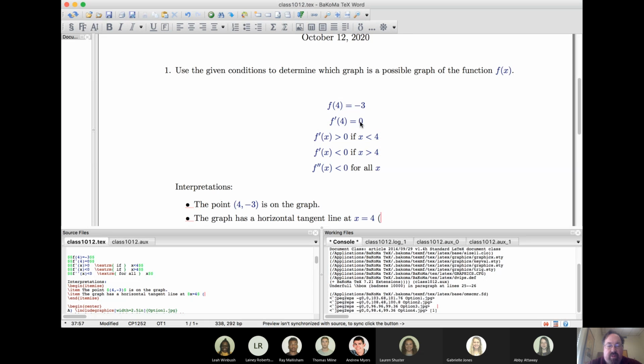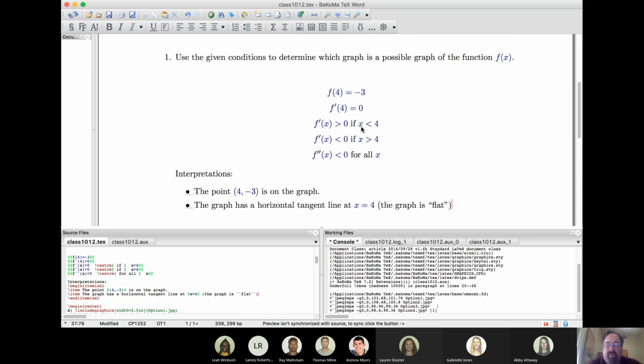Another way of interpreting that informally, the graph is flat at x equal 4. It may mean a max or a minimum. We don't know that yet, but we will be able to tell from the other conditions. But the graph has a slope of 0 at x equals 4, because that's what the derivative means. It's the slope of a curve or the slope of a tangent line at that point.